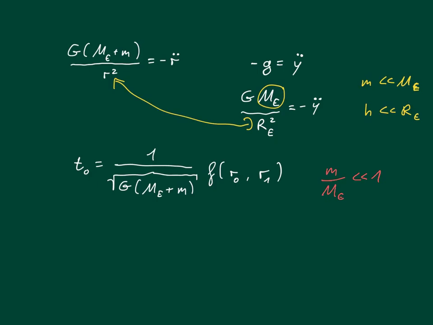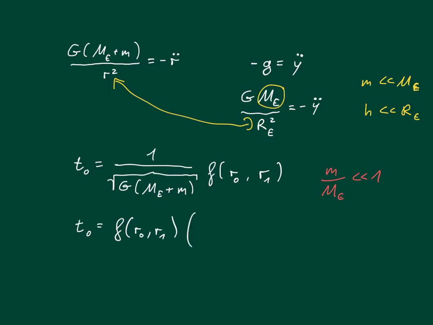So this allows us to write down the expansion up to first order in this small quantity, and since the function f is simply a prefactor, we can put it in front.